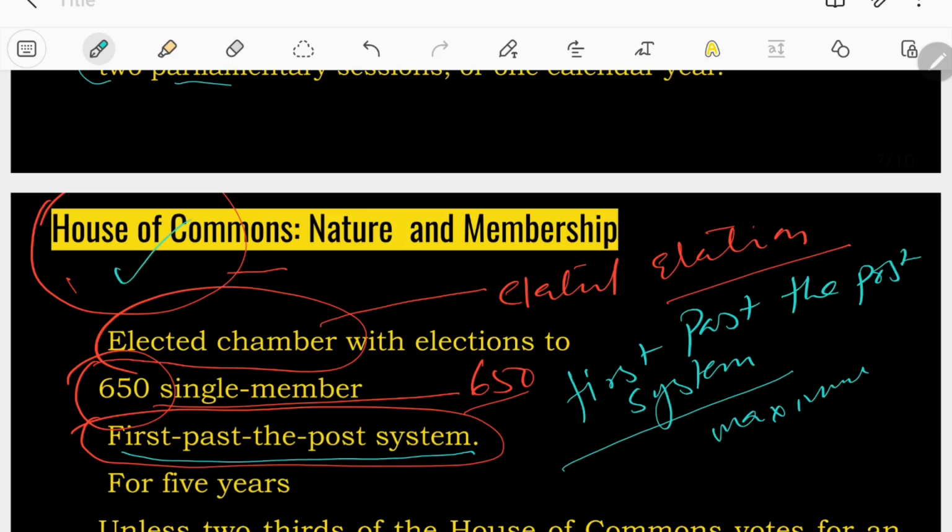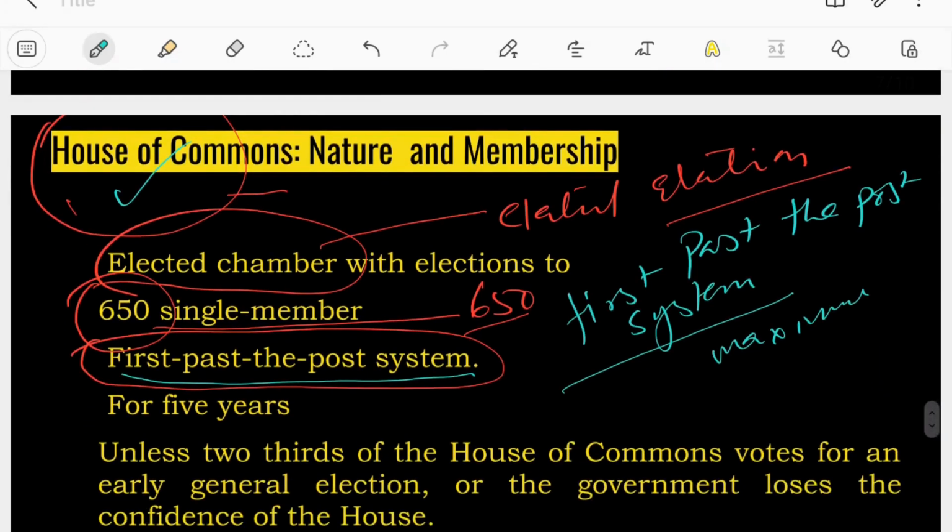It is similar kind of the practice as we are having in India. So the person who has been elected for the House of Commons here, he is going to serve for the 5 years. So the duration is here the 5 years.